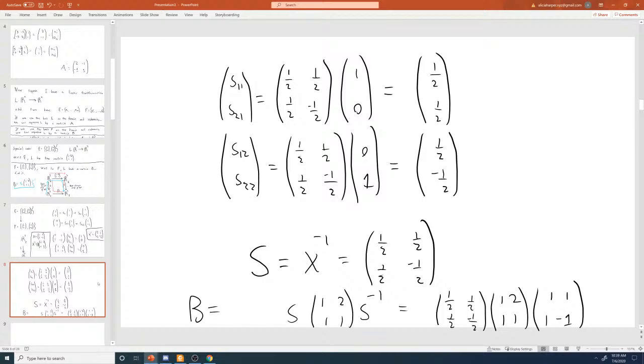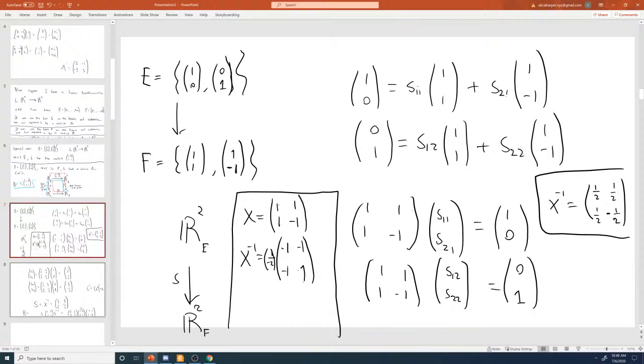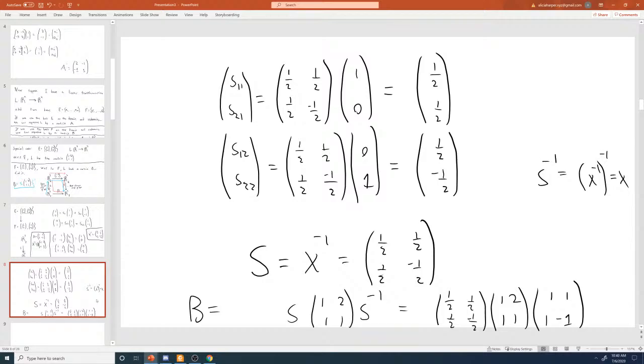And here I'm using the fact that S inverse is the same as the inverse of X inverse, which is just X, which we know to be this. So my calculation of B is simply reduced to multiplying these three matrices. So let's do it.